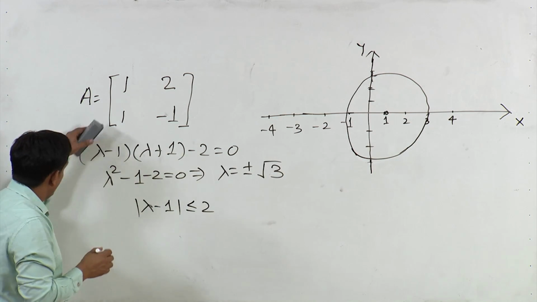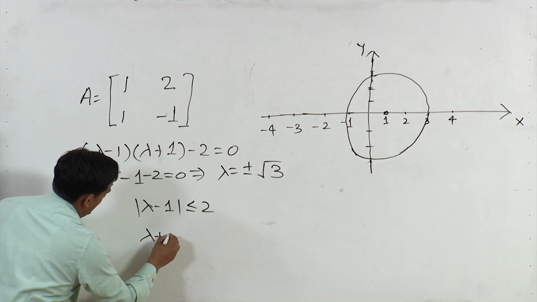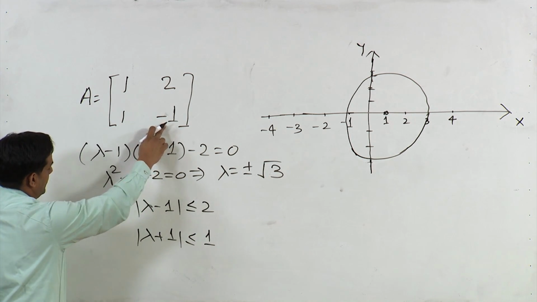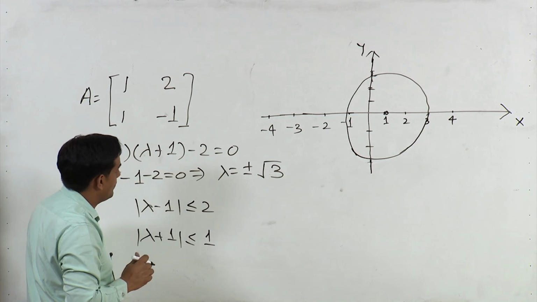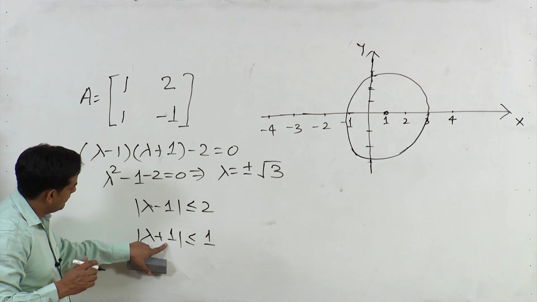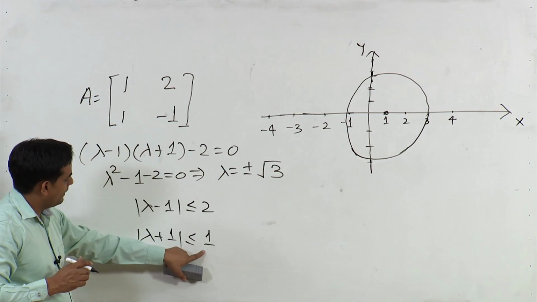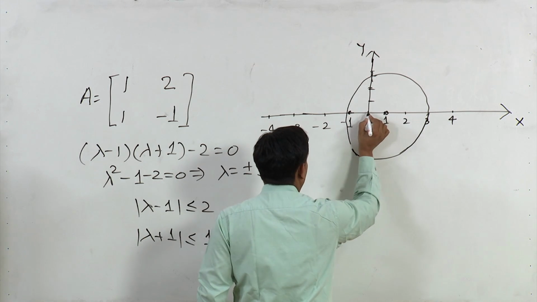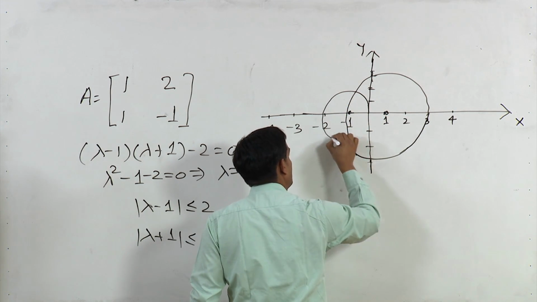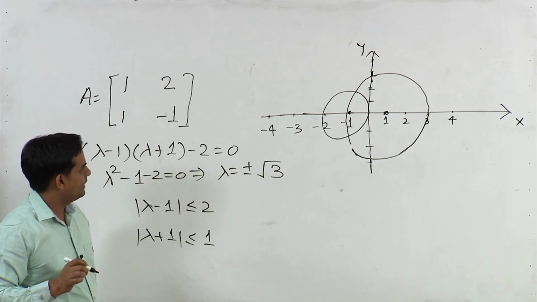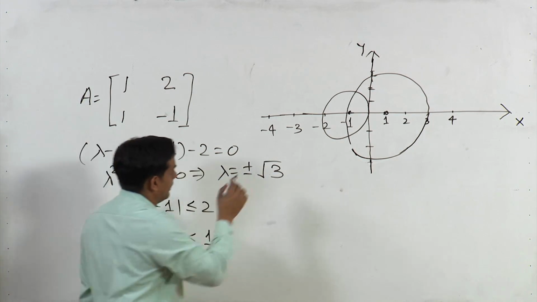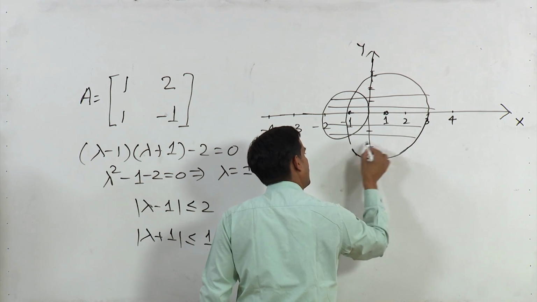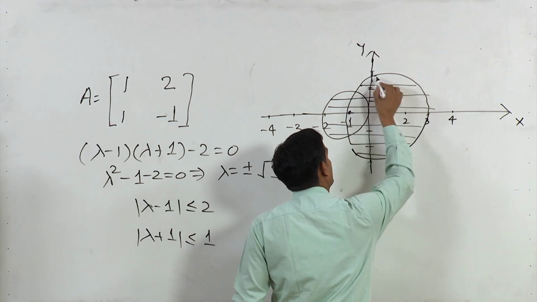If I plot the other disk, which is |lambda plus 1| less than or equal to 1, the center of the second disk is at minus 1 and the radius is 1. So it will start from here and be like this. Hence this region will be the union of these two disks.